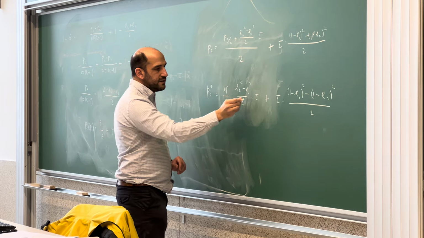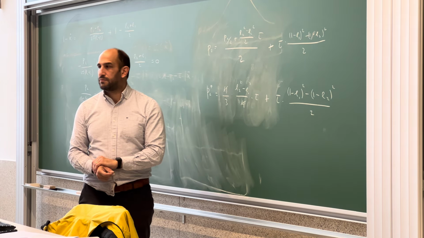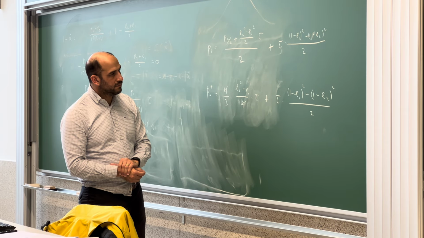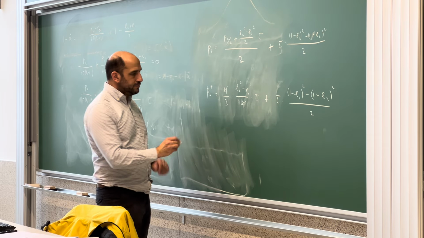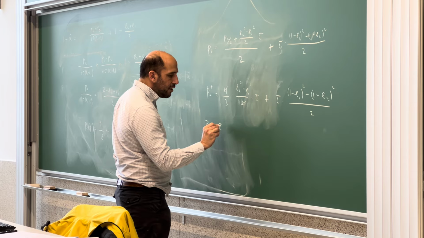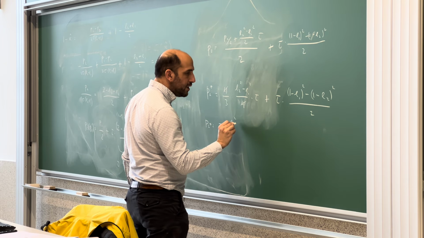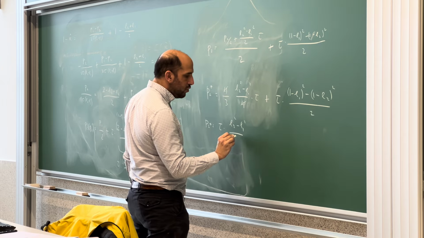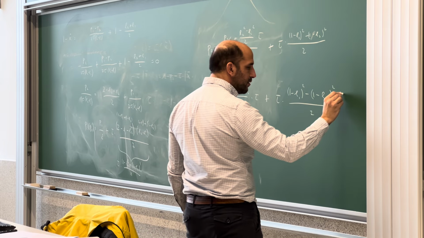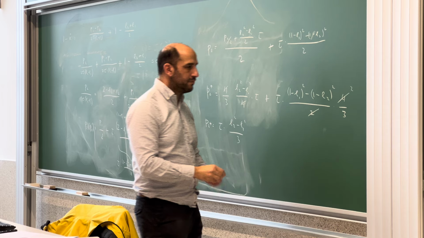The 4 here cancels out. The tau maybe could come out. So P2 star is equal to tau times L2 squared minus L1 squared over 3. Oh, this is also times 4/3. Here the 4 becomes a 2 and this 2 also.